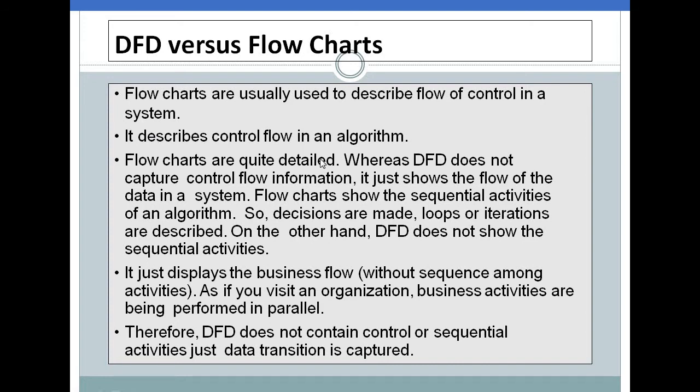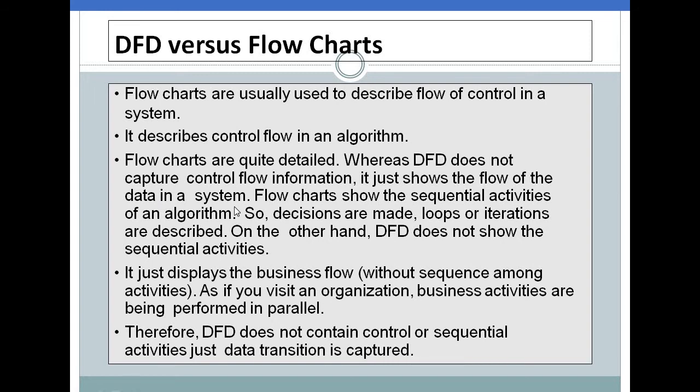A flowchart is used to describe flow of control in a system, which describes control flow in an algorithm. Flowcharts are quite detailed, whereas DFD does not capture control information, so it only shows the flow of data in a system.